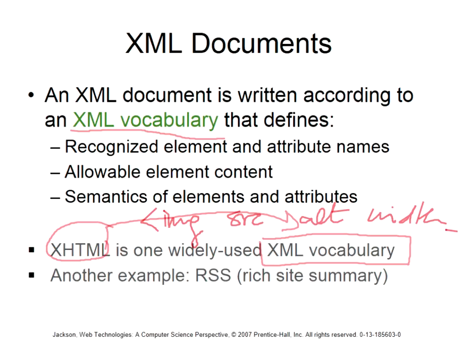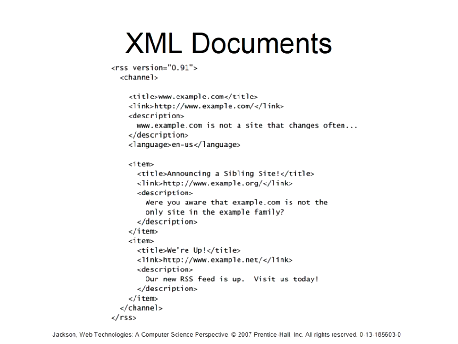I cannot find h7. So what is the meaning of a vocabulary? When I write an XML document, it is written according to the XML vocabulary, and this vocabulary defines the recognized element and attribute names. For example, in XHTML, a recognized element is img, and attribute names are src, the source, alt, width, height, etc.